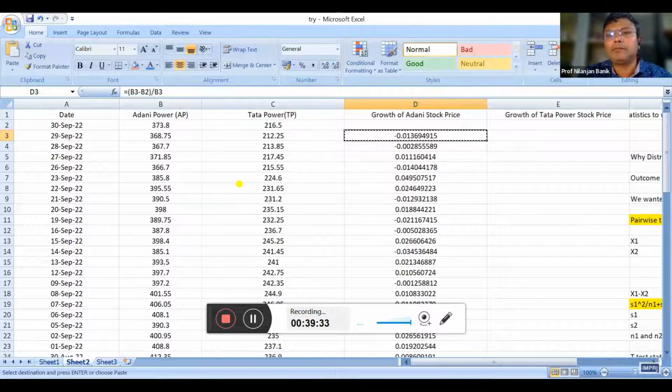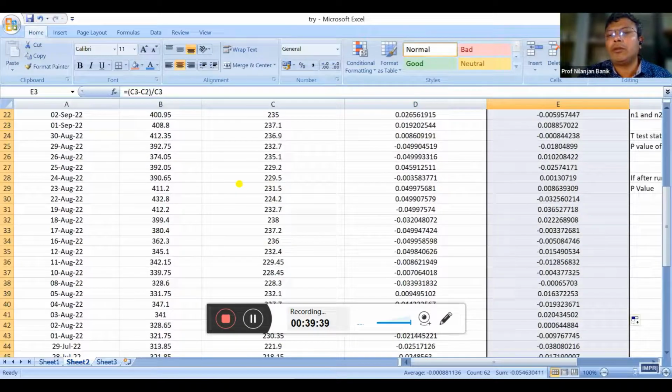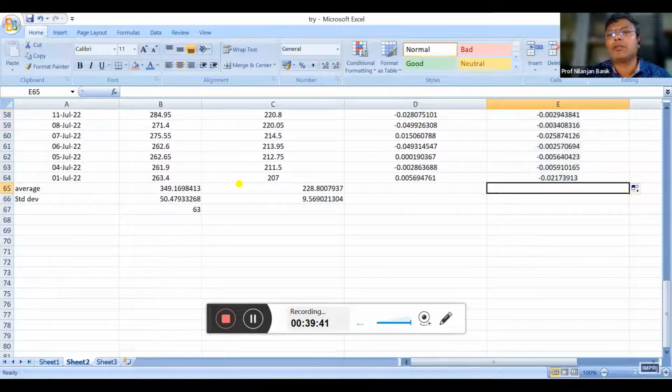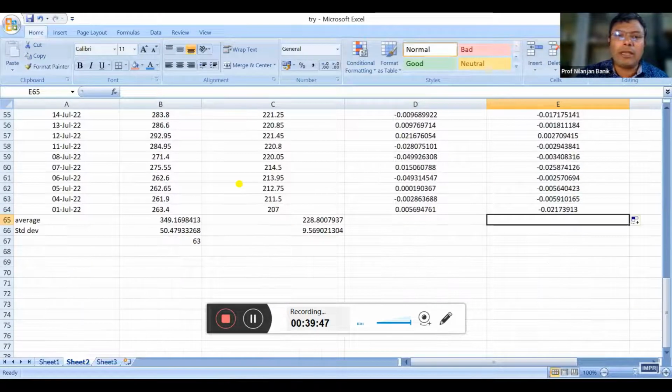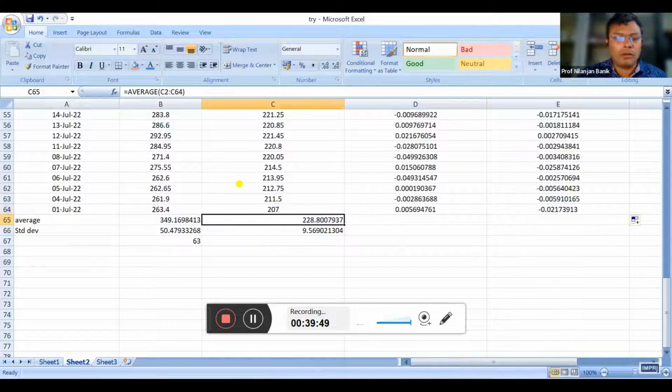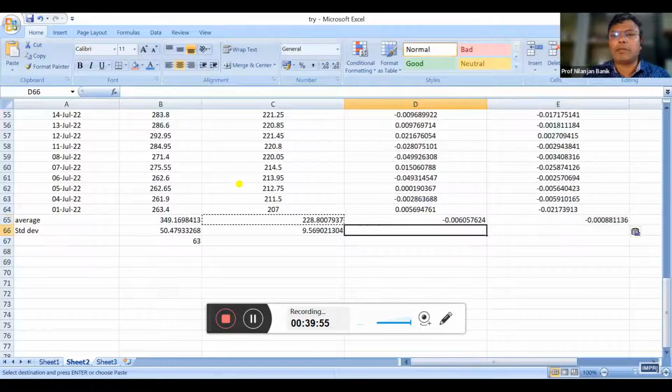Likewise, I can calculate the growth rate here with the same formula. So this is the growth rate I'm getting. Now let's try to do the t-test statistics. Here again, I have to do the mean. All you have to do is click test.